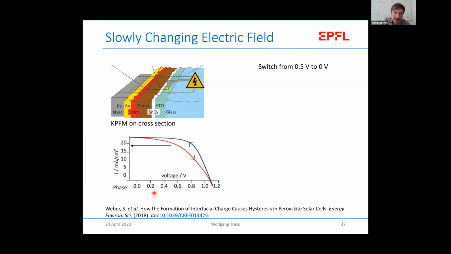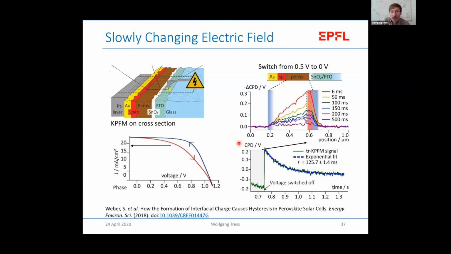And they did exactly an experiment where they switched the voltage, in this case from 0.5 V of such a hysteresis device to 0, and saw how this potential changes. And this is then shown here. You can indeed see that we have electric field in our perovskite remaining for several hundreds of milliseconds, and here you can see a trace, before it then goes back to the state which was there before the experiment.